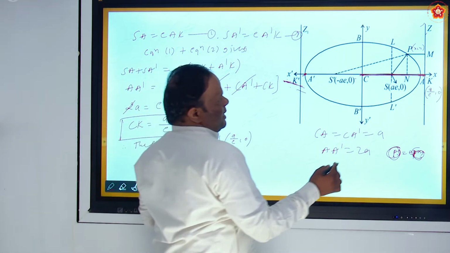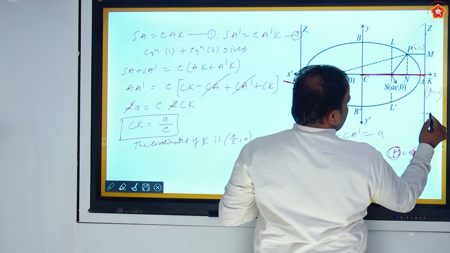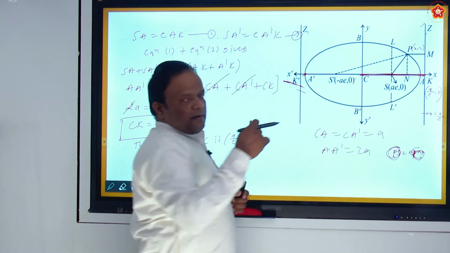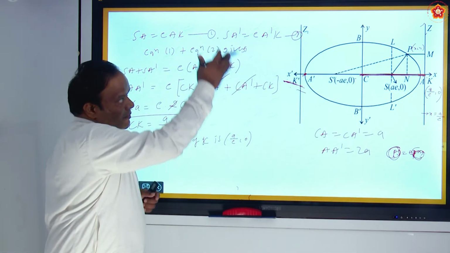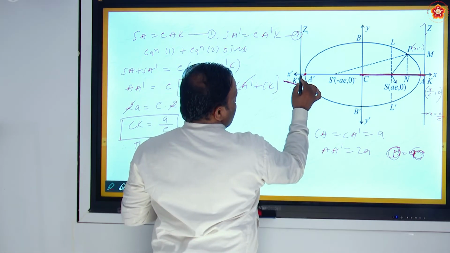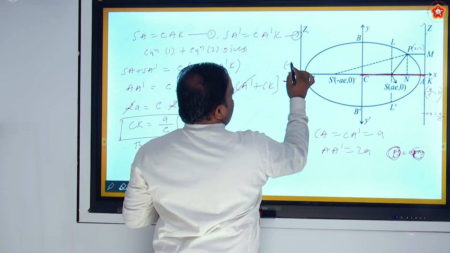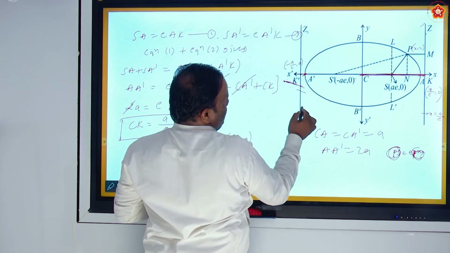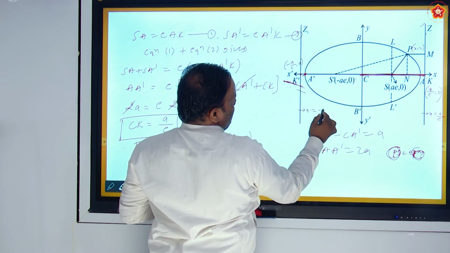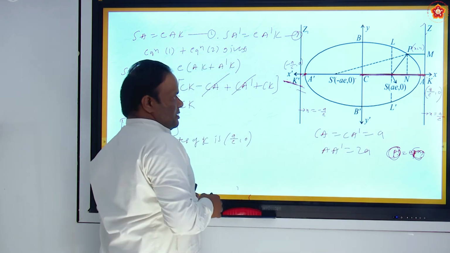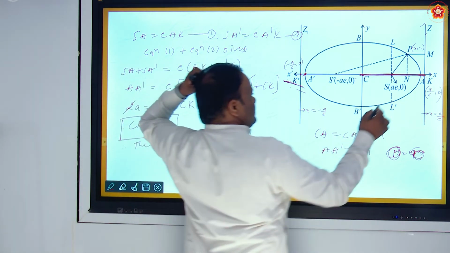Means the equation of the directrix becomes x equal to A by E. Later we take all the formulas. The equation of the directrix also becomes x equal to minus A by E. This coordinate becomes minus A by E comma 0 because this is the negative side, no? Plus A by E on that side, minus A by E on this side. Okay, now this point is over.